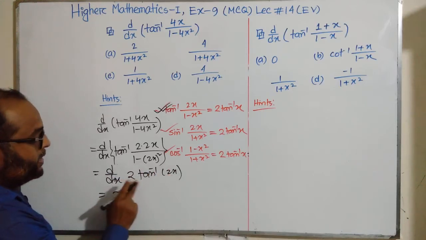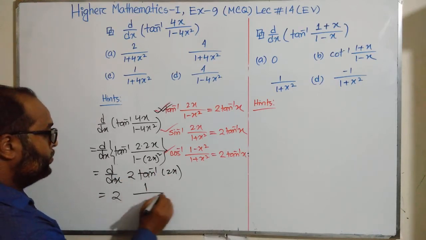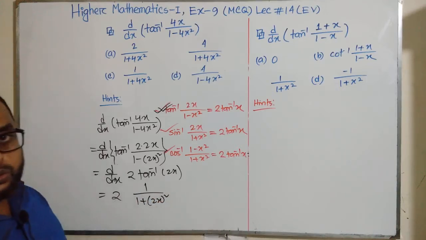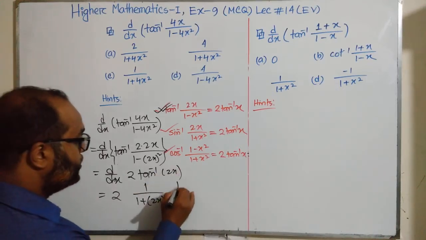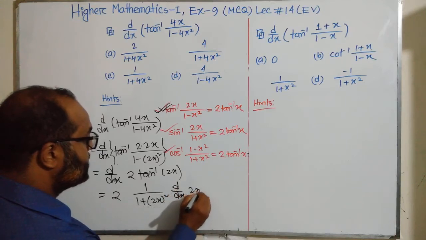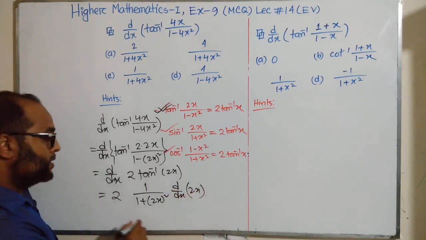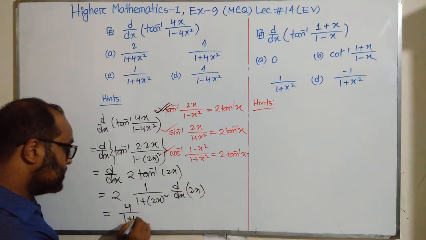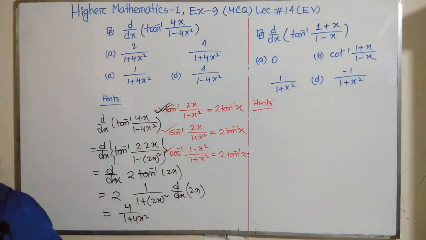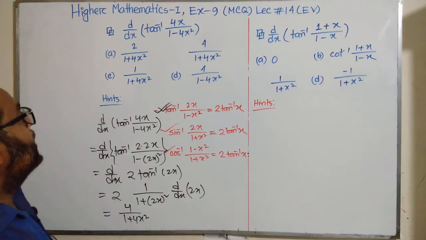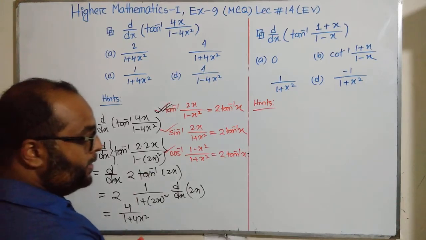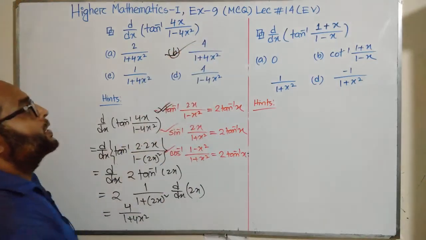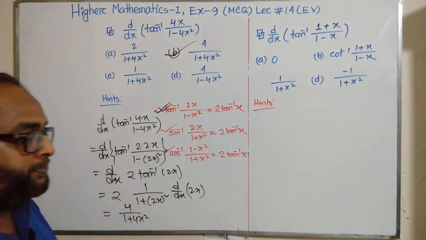Here d/dx of tan inverse x, this equals 1 by (1 plus x square). Also we have to differentiate 2x. So d/dx of x is equal to 1. Finally we get 4 by (1 plus 4x square). So here option B is the correct answer.